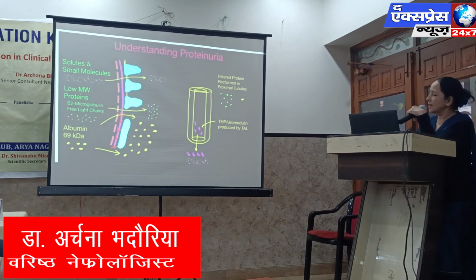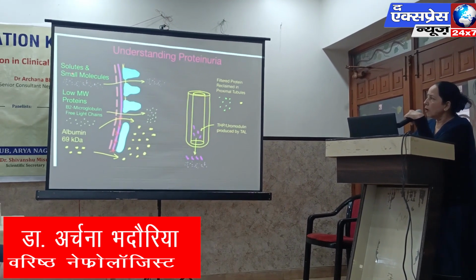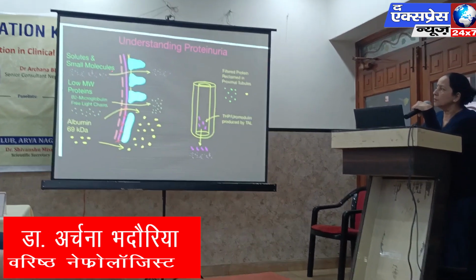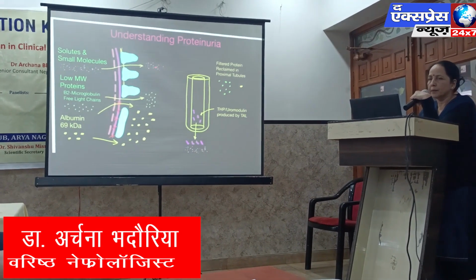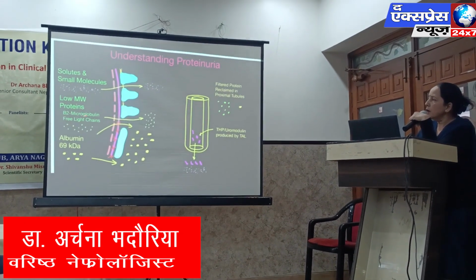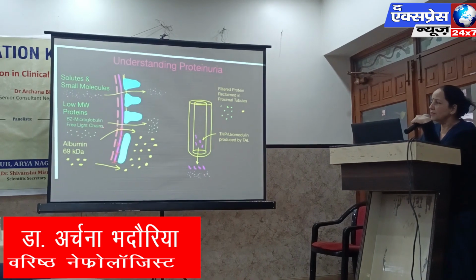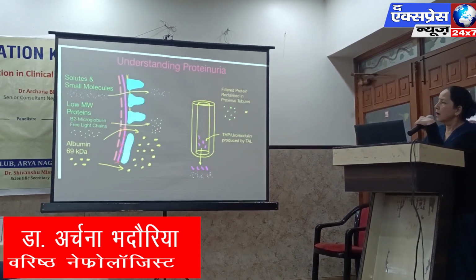Further, if we want to understand it better, all the small solutes and molecules pass freely across the basement membrane. Low molecular weight proteins like beta-2 microglobulins and free light chains also pass through.